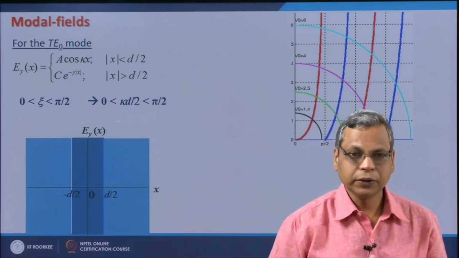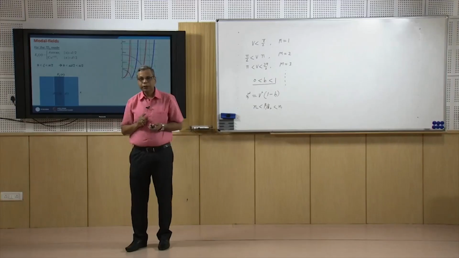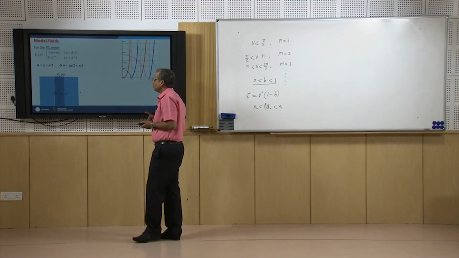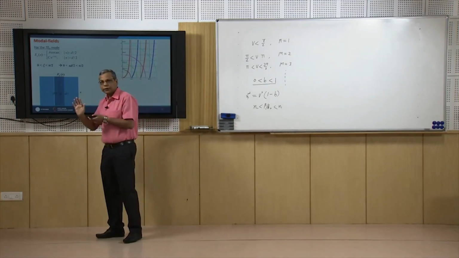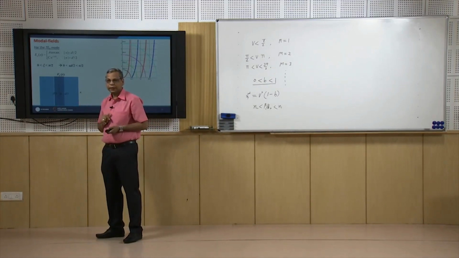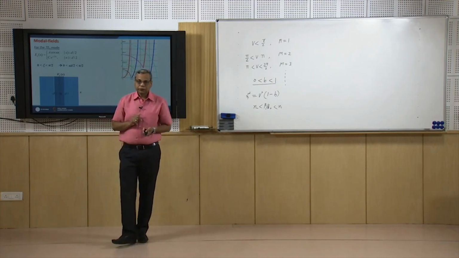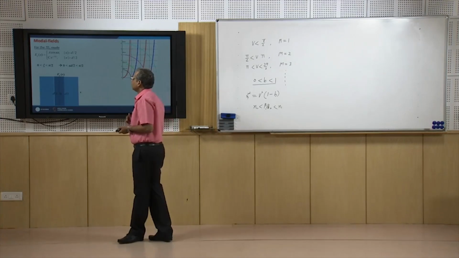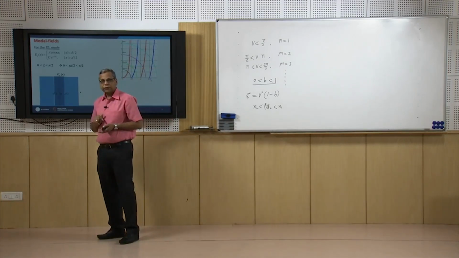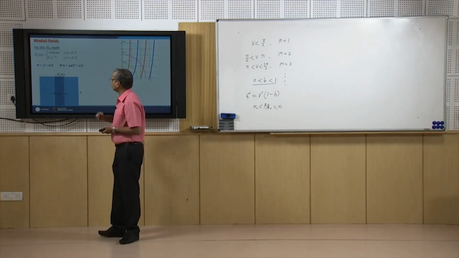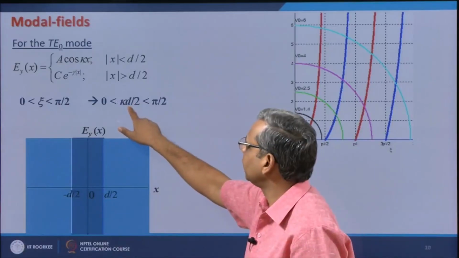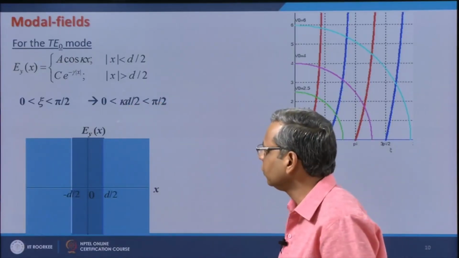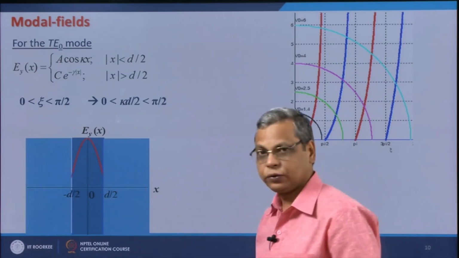If kappa d by 2 is always less than pi by 2, then cosine kappa d by 2 will never cross any 0. The first 0 of the cosine function will occur at kappa x equal to pi by 2. But even at the boundary kappa x is always less than pi by 2. So, I will not have any 0 crossing.